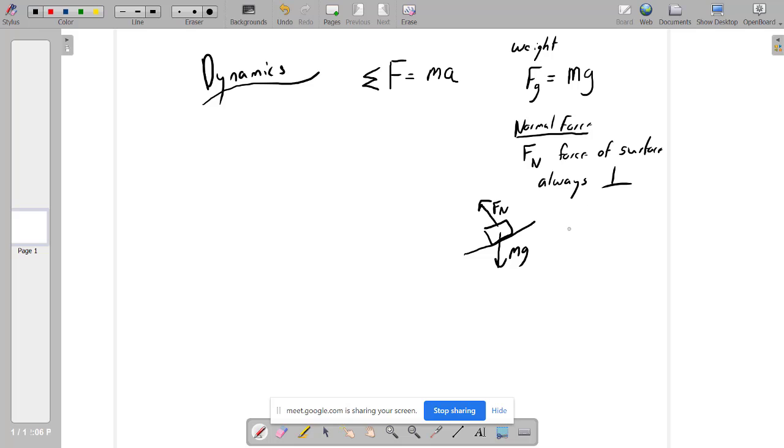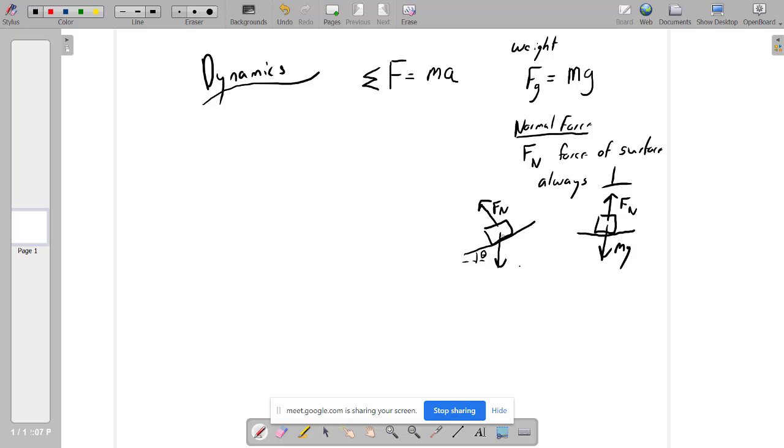If it was on a horizontal table, I could just say that mg and F of n are here. But here, see how it's perpendicular to the surface. Since we're doing this, let me leave the mg off real quick because we know that's the weight.